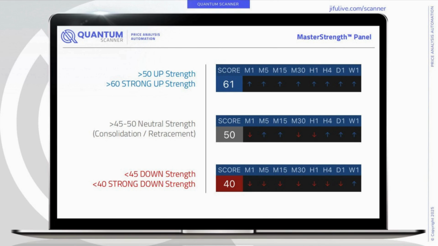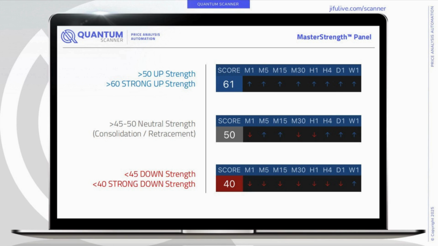A score of 45 to 50 indicates neutral strength, indicating possible consolidation or a retracement. A strength less than 45 indicates downward strength. A score of less than 40 indicates strong downward strength.